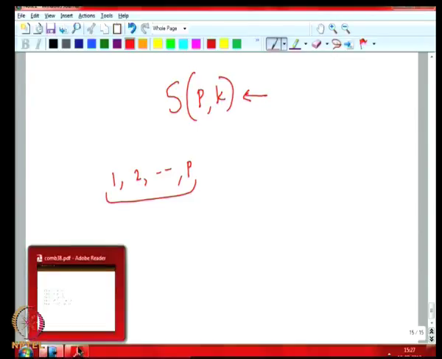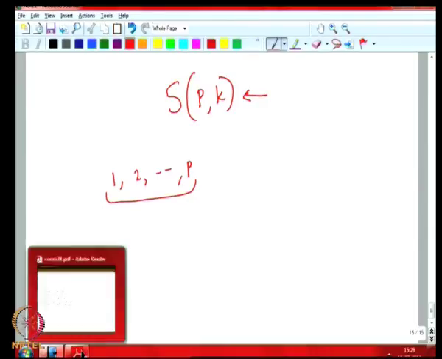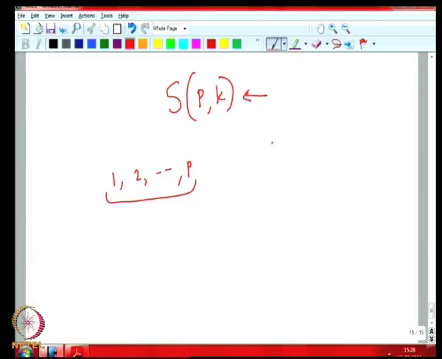Now this S(P, K) satisfies one recurrence relation. Let's look at what this is. We will take two things as initial conditions, namely S(P, P) equals 1, as we have seen before. If there are P boxes and only P things, we can only assign them to boxes in one way, because we are not distinguishing between the boxes.